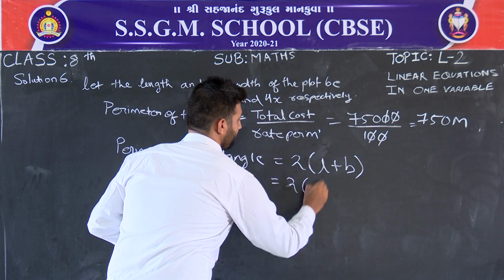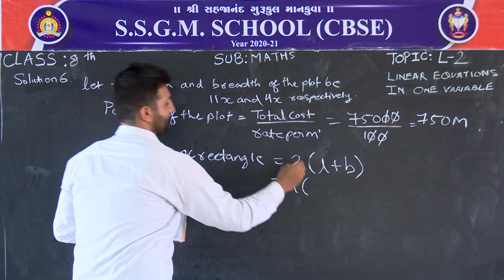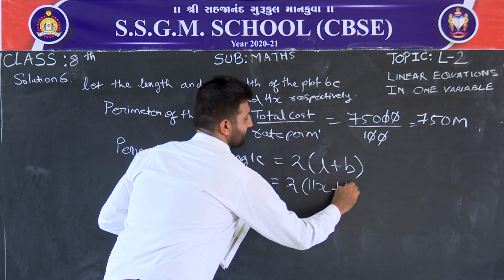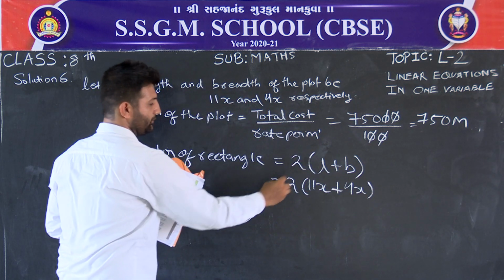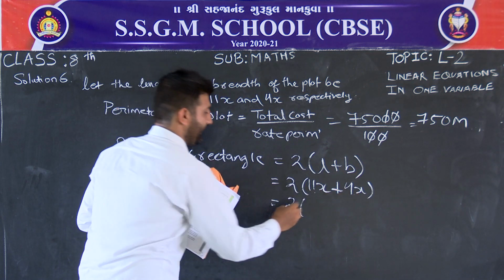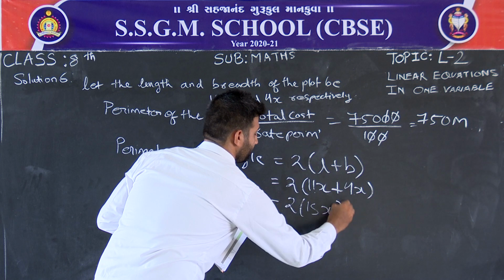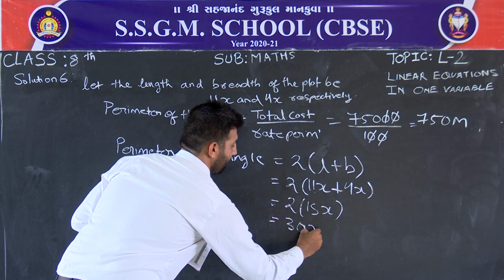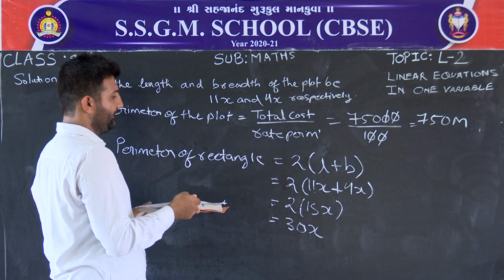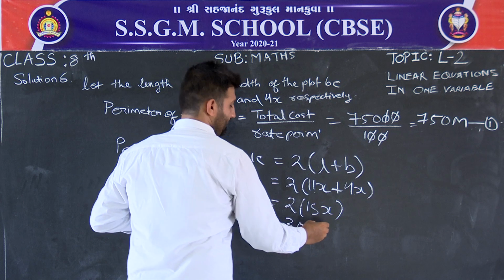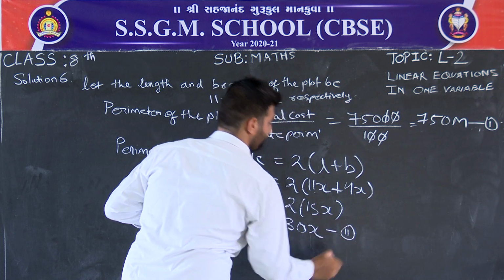It will become 2 into (11x plus 4x). So in total it will be 2 into 15x, that is 30x. So put it here, equation 1, and this is equation 2.